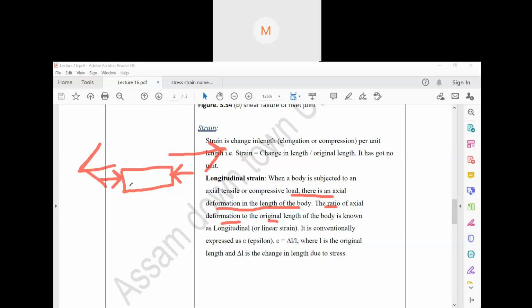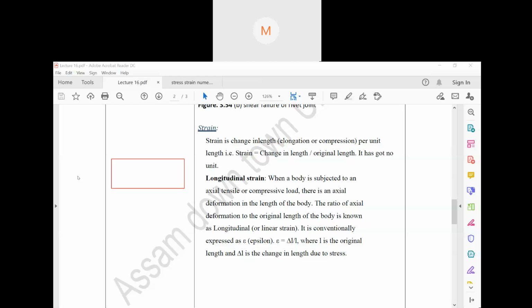Look, some people have said it is along the direction of force, or along where the force is applied. So suppose this is the axis where force is applied. I'm drawing it in a more... here the force is applied like this.